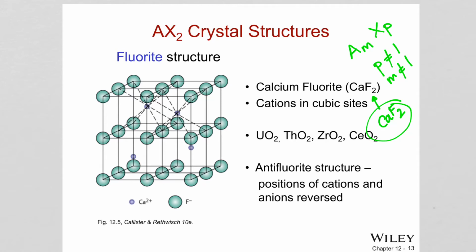Therefore, the calcium ions are positioned at the center of the cubes with the fluorine ions at the corners. We can say then this crystal structure is similar to cesium chloride, like we have seen.